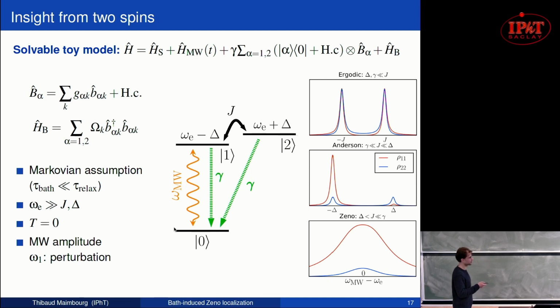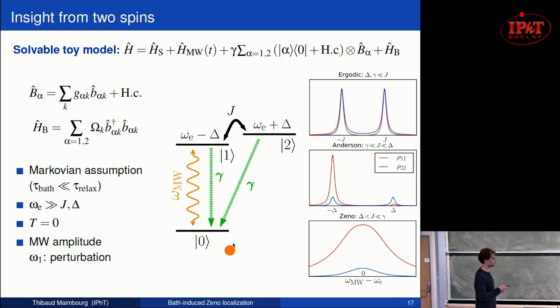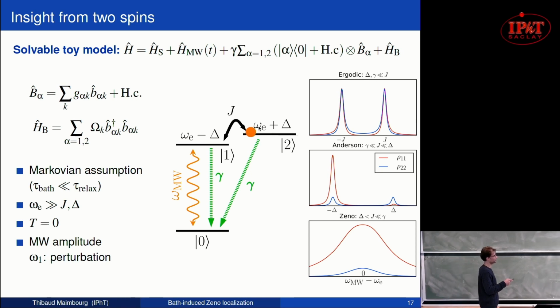And the situation is here, so I'm trying to reconnect with what I told you for the Hamiltonian. Basically, you have a ground state, which would be spin down spins. And you have the 2 states here, which are basically the untangled single spin states, one with energy omega_E minus delta, so basically the disorder, and another one at omega_E plus delta, and you have some interaction between the 2.